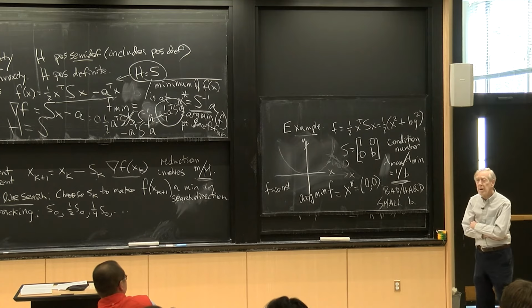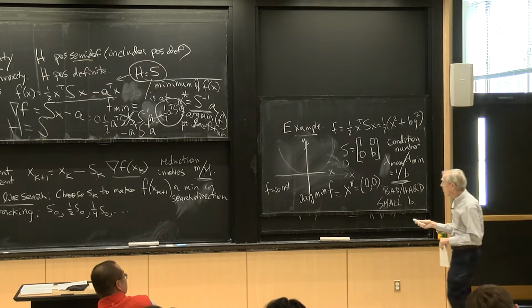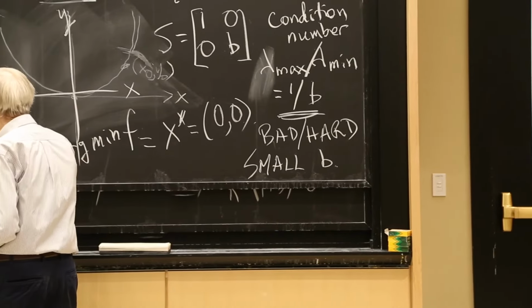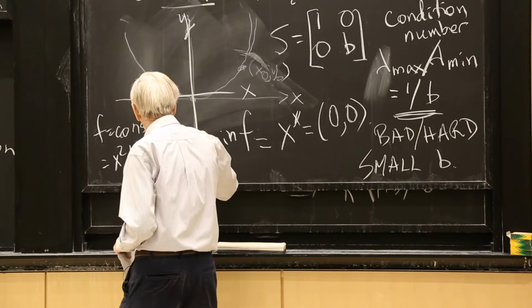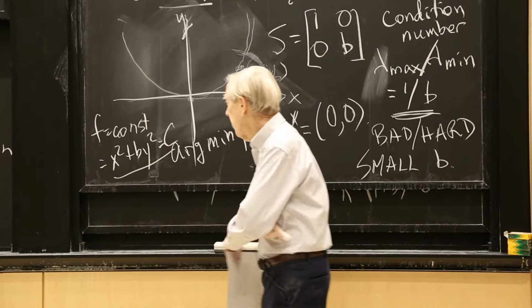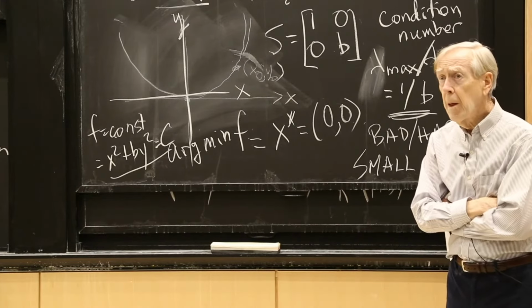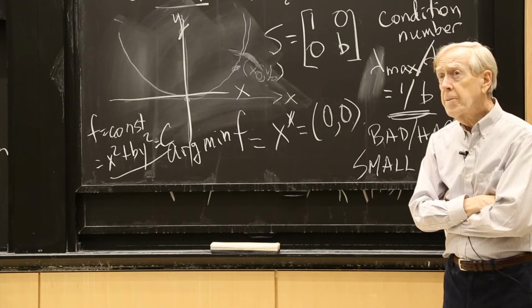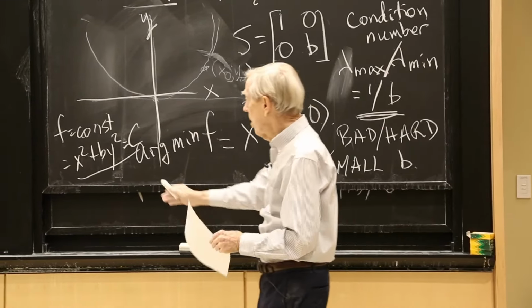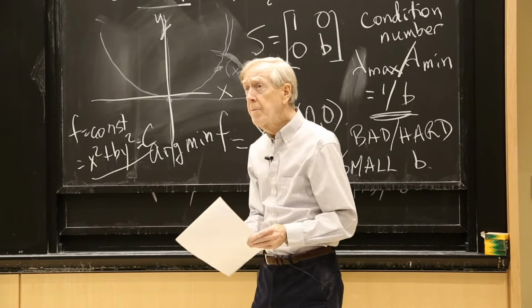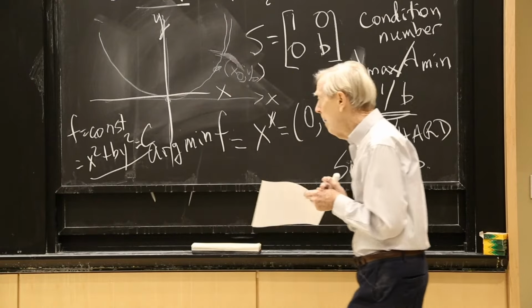If I look at the curve x squared plus b y squared equal constant, that's what a level set is. What kind of a curve is that? That's an ellipse. And what's the shape of it? Because there's no xy term, that ellipse is well lined up with the axes.